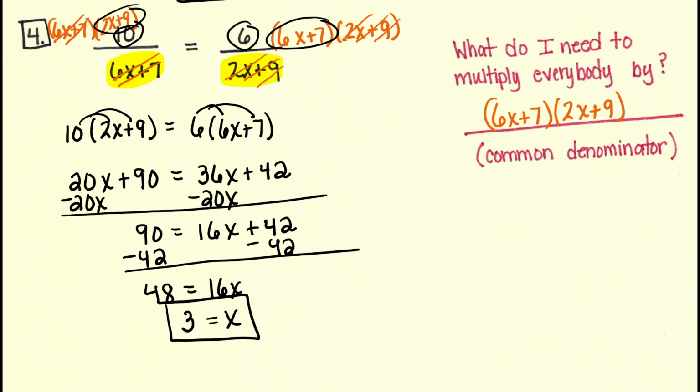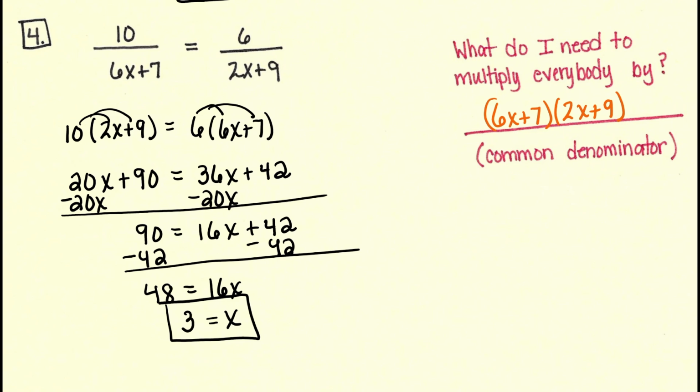Now, there's another way that this can be solved. Many of you guys may have heard of the cross multiply method, and that's true. You can do that. So let me show you what you could have done. Cross multiply only works if you have a single fraction equals a single fraction. And you do exactly what it says. You're going to cross multiply those to each other.